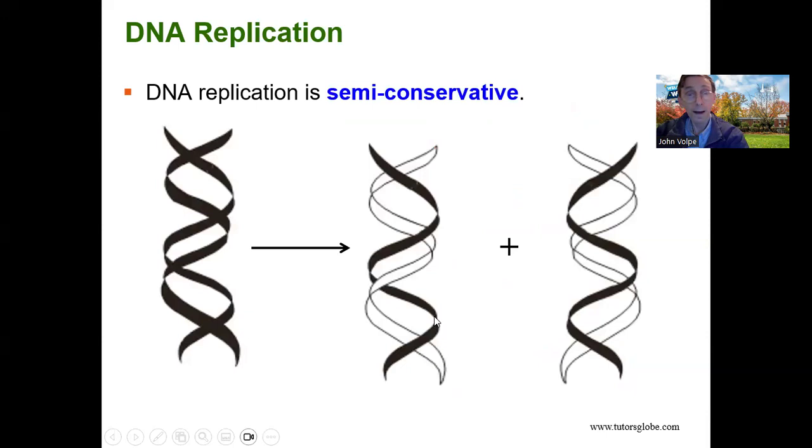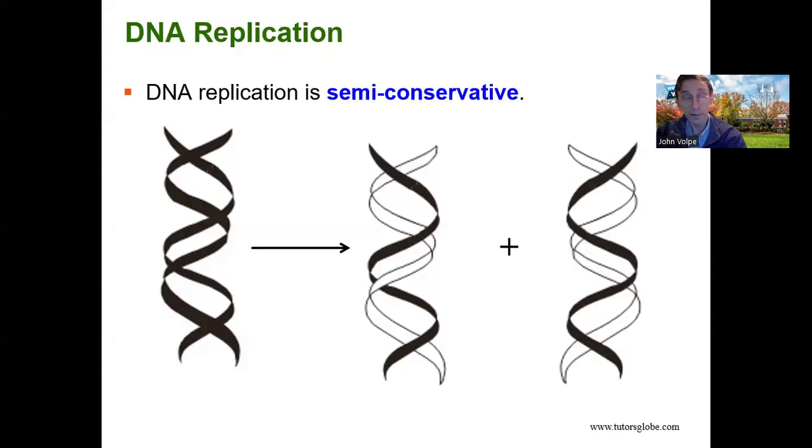We call this DNA replication semi-conservative, where if the original parent DNA would be two black strands, then the daughter cells each get one original parent strand, the black strand, and then have one newly replicated strand of DNA, which is the white strand. Semi-conservative.